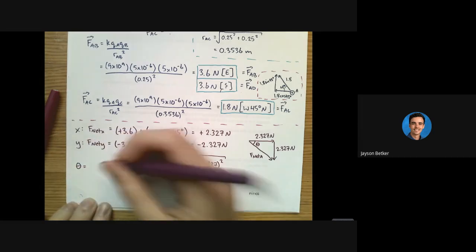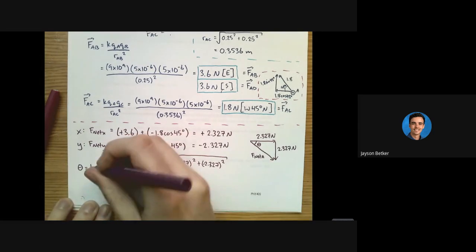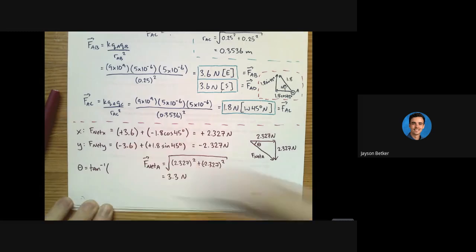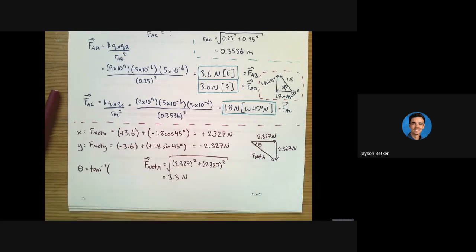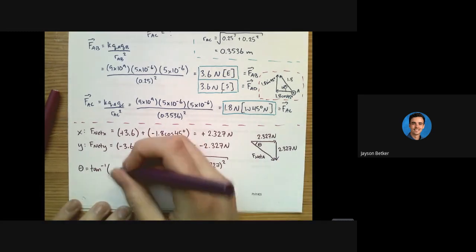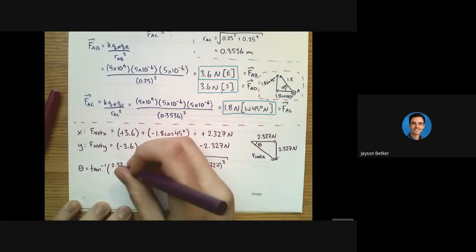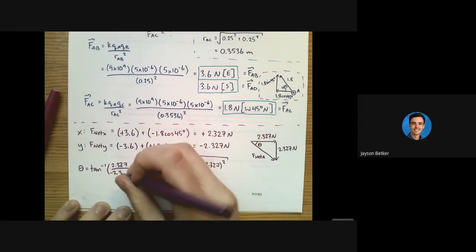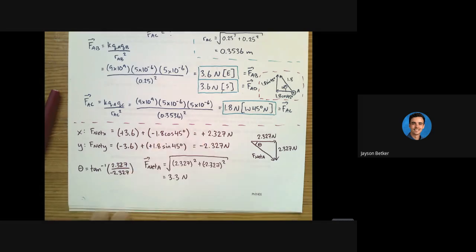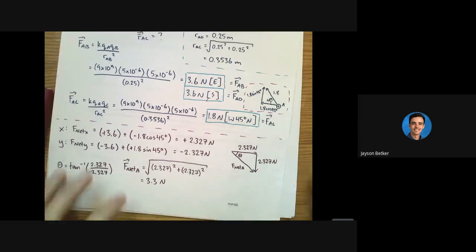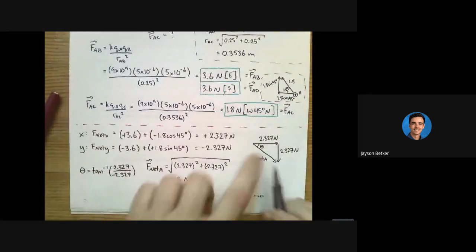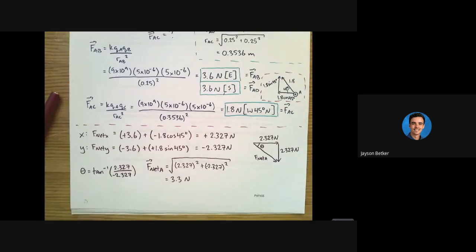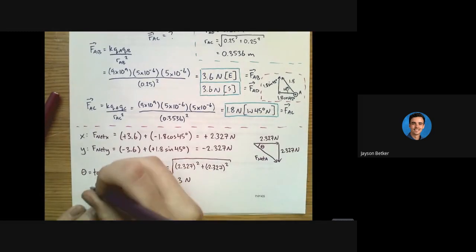We'll do theta as well. Theta is going to be the inverse tangent, so tan to the -1 of the opposite over the adjacent. Basically, that's 2.327 divided by negative 2.327, which is just tan inverse of -1. If you do that, you'll get negative 45 degrees. That just means that it's 45 degrees in our negative, quote unquote, direction.